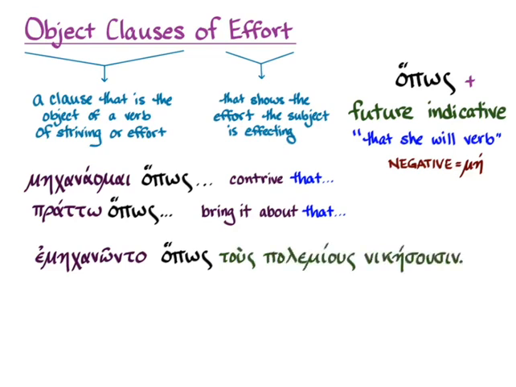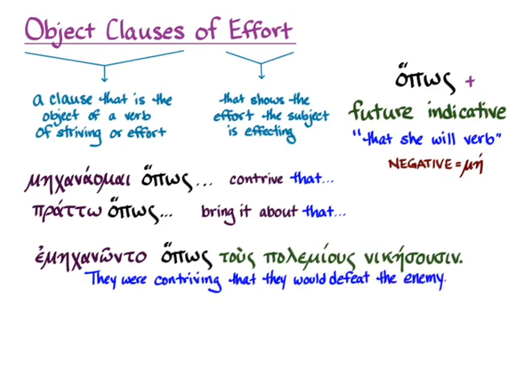So emēchanōnto hopos tous polemious nikēsousin. As you can see, that object clause is exactly the same as when we had mēchanōntai in the present tense, but English is going to make it a little trickier to translate. So they were contriving that they would defeat the enemy. That's what English has to do to talk about the future from the point of view of some time in the past. That's all you need to get used to, and it's pretty natural. If you're a native English speaker, that won't cause you much trouble.